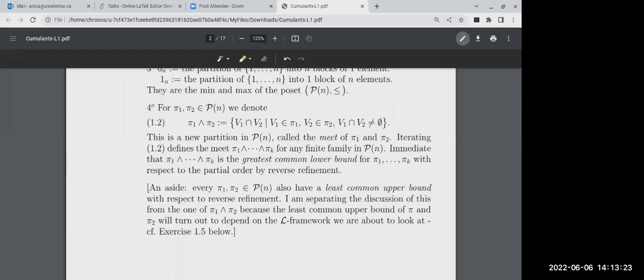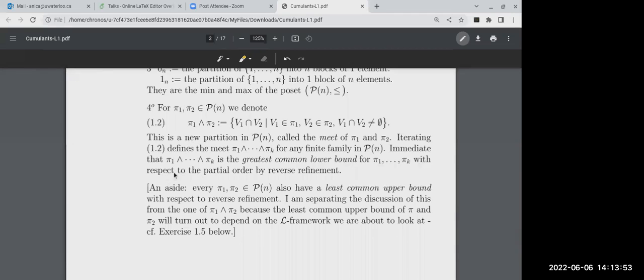Then another thing which I want to use quite a lot is the fact that there is a wedge operation. It's wedge, or meet, which is given to two partitions: you do all the non-empty block intersections which you can do, and then you get a new partition, which is called P1 wedge P2.